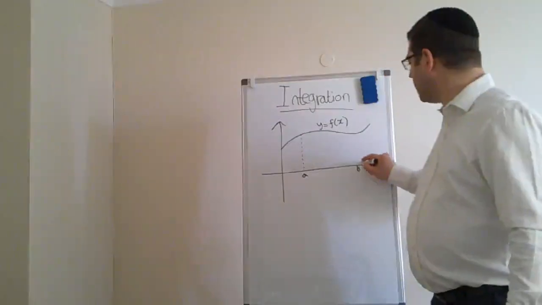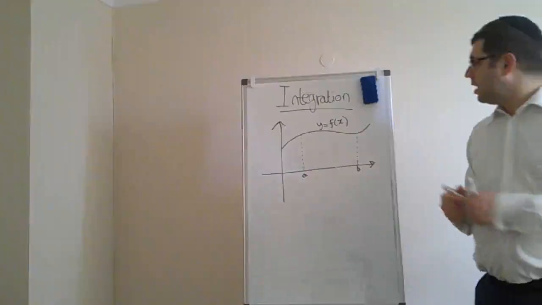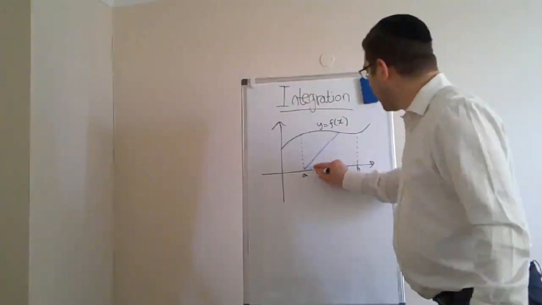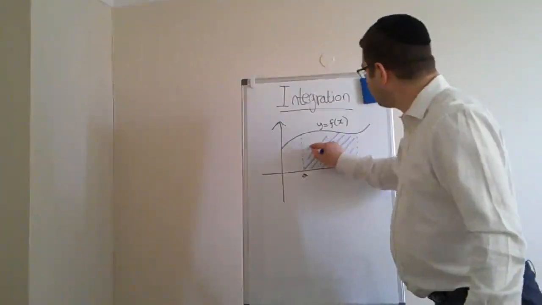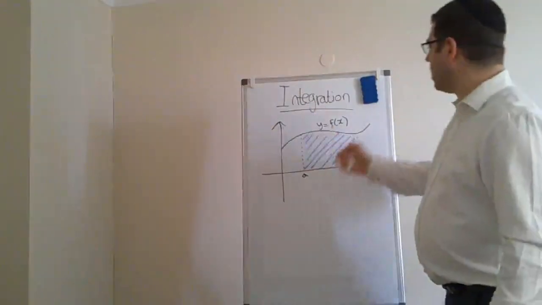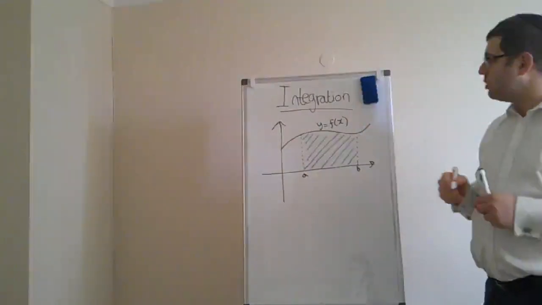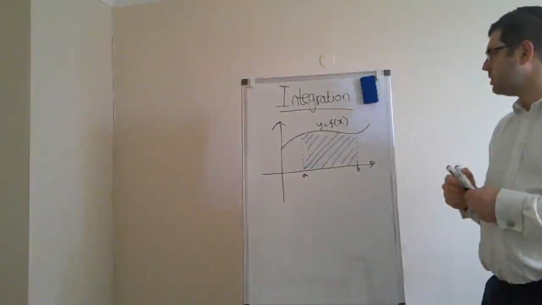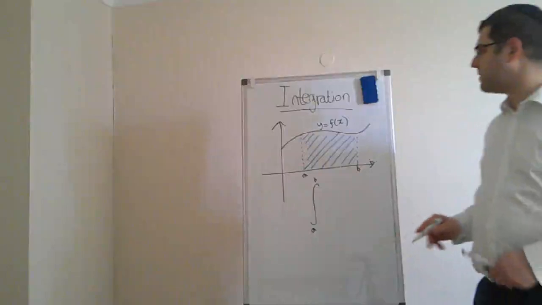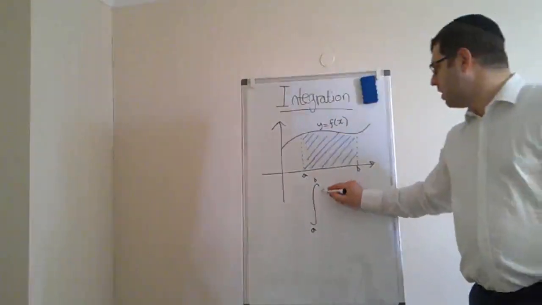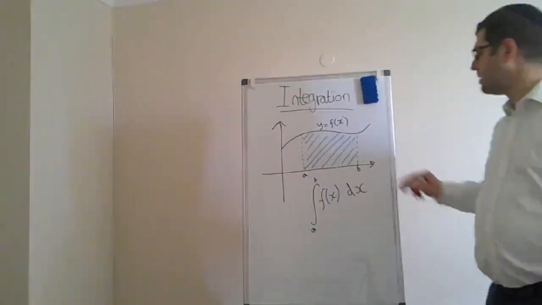and we draw vertical lines until we hit the graph, the area that's trapped in between the x-axis and the graph, bounded by the vertical lines x equals A and x equals B on the right, this blue area here, is found by integrating between x values of A and B, f of x with respect to x.